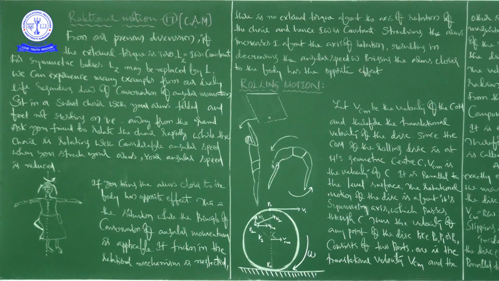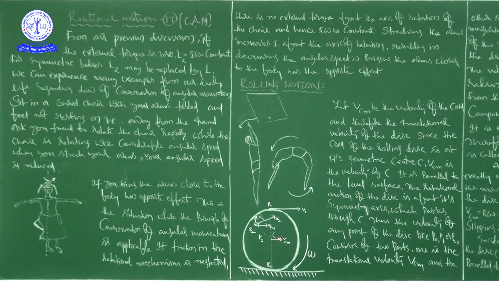But anyhow, I told you at the time, and at the starting of this chapter also, in case of regular bodies, the geometric center coincides with center of mass, and it is also easy to identify the position of center of mass. Since the center of mass of the rolling disk is at its geometric center C, VCM is the velocity of C. It is parallel to the level surface.